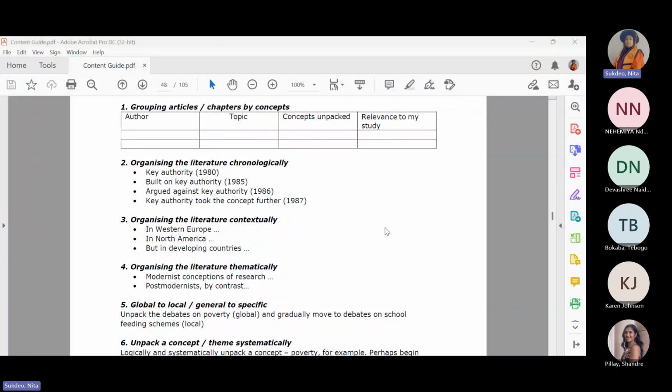Two is organizing the literature chronologically. I found that students don't do this because they're not guided properly. And again, I learned this from experience because I also didn't guide students on that because I was learning about this chronological order. So when you are writing a literature review, or supervising your students on how to write one, always put it in chronological order.